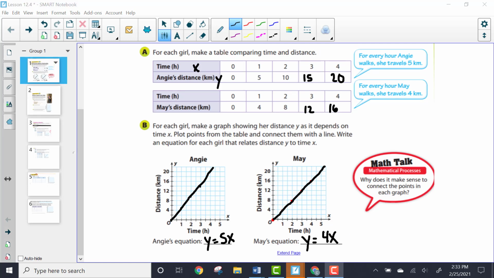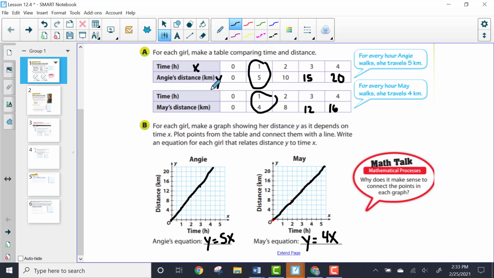There is a question at the bottom that's saying, how can you use the tables to determine which girl is walking faster? And how can you use the graph? If you take a look at the table, you compare the distances after walking the same amount of time. So right away, 1 hour, 5 miles, 1 hour, 4 miles. So we can see easily that Angie is walking faster.